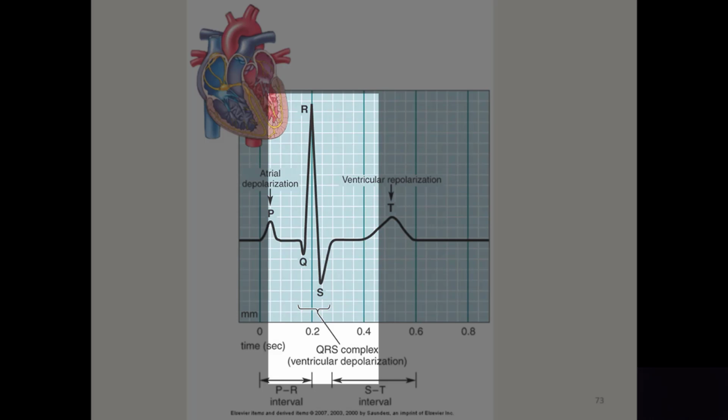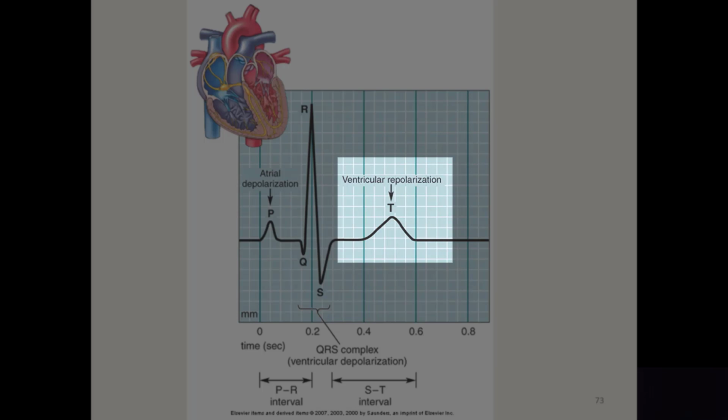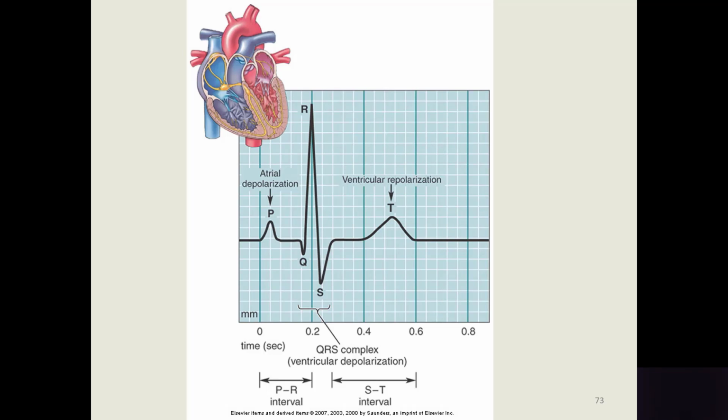The QRS complex is ventricular depolarization, and the T wave is ventricular repolarization. And we can measure all kinds of things here. We can measure how high the waveforms are, how wide the waveforms are, and how much space is in between each waveform, how much space is in between each part of the waveform, and we can get a whole lot of information from this simple tracing of the electrical output.